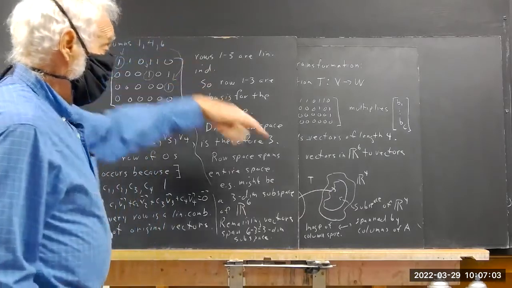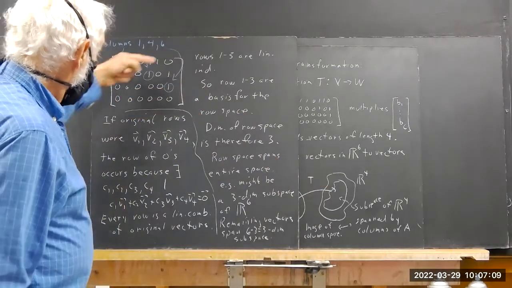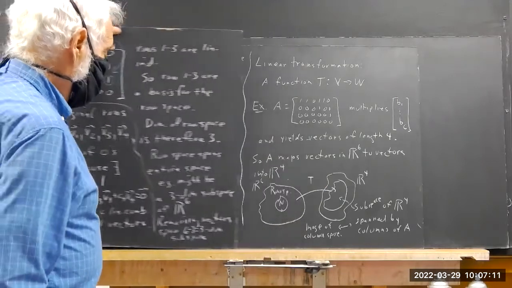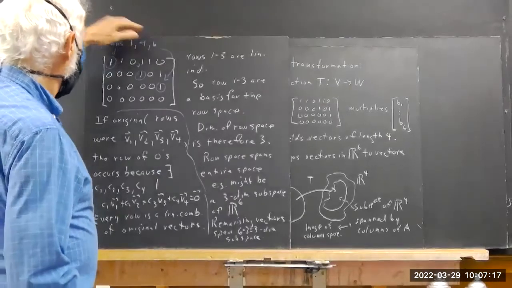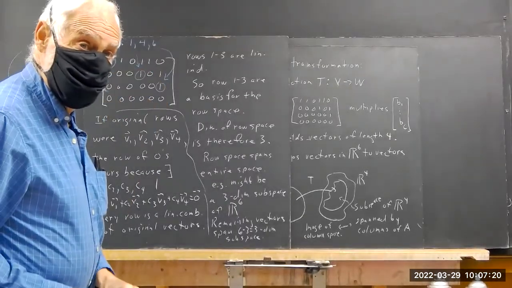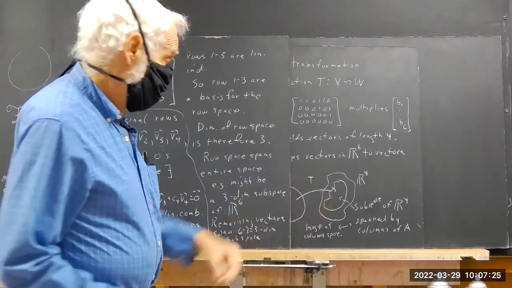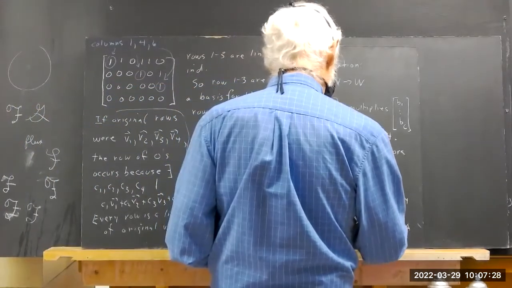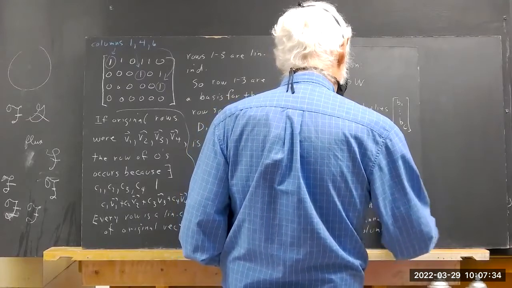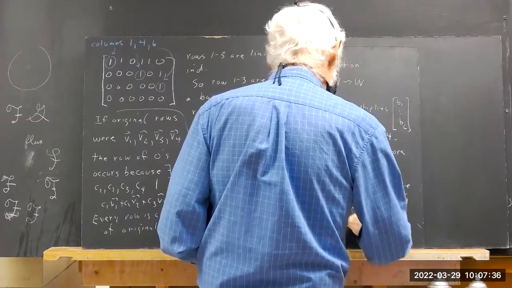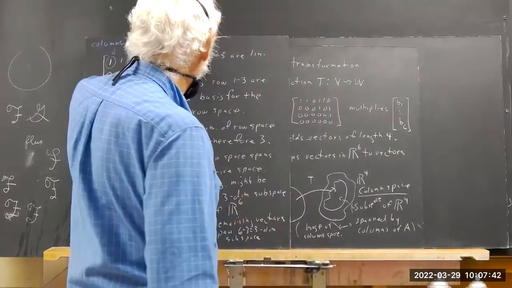And they live in R4. They don't live in R6. Okay. So these vectors are in R6, the row vectors, and there's your row space. These vectors are in R4, and they span the column space.